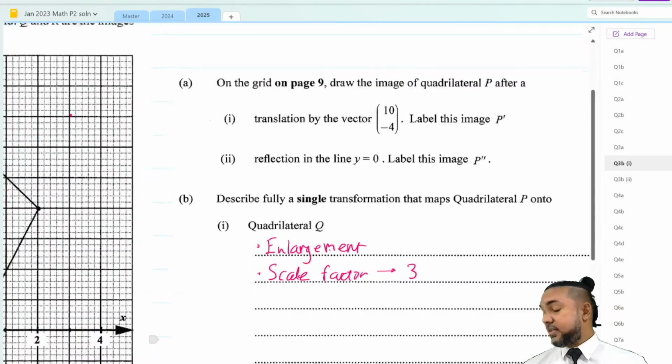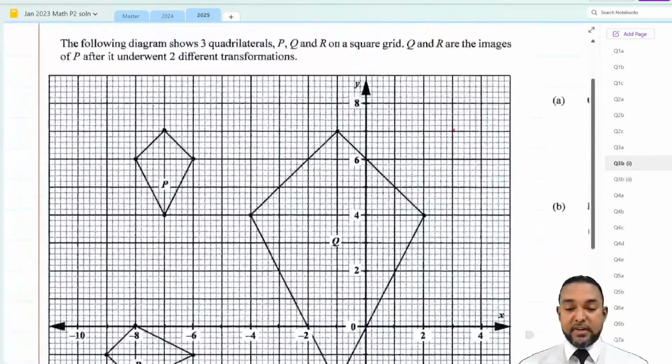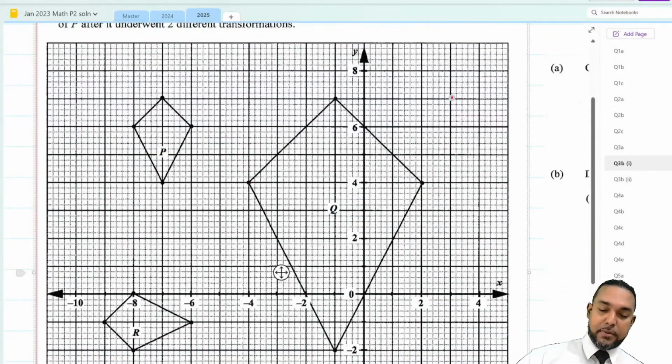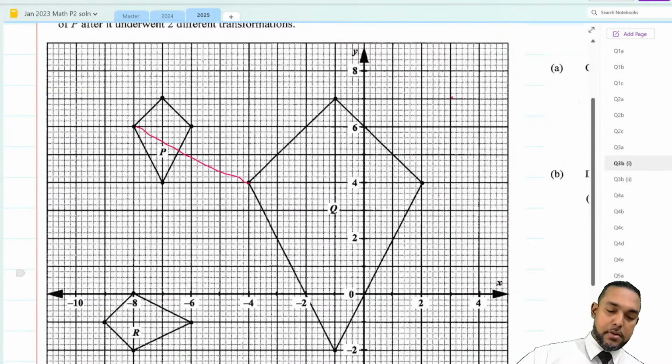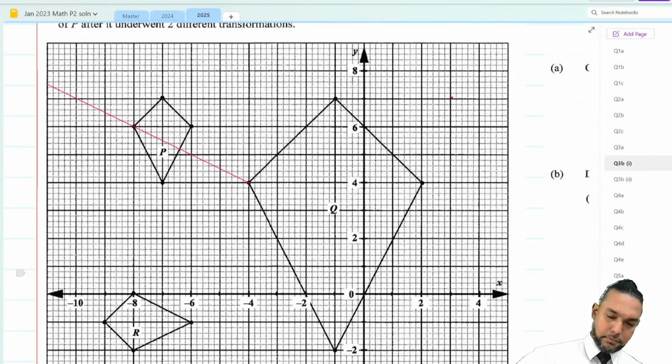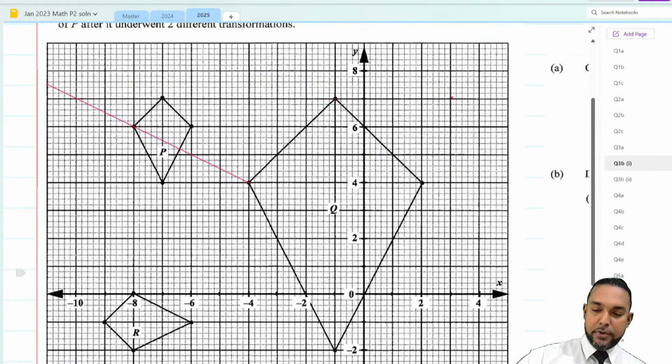And we have to cite the center of enlargement. So how do we do that? Well, we have to connect the corresponding points. And where those lines intersect would be the center.